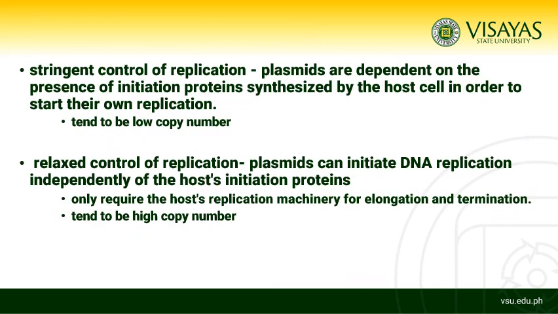The replication of the plasmid in the host cell can be done in two ways. It's either by stringent control of replication or by relaxed control of replication. In stringent control of replication, these plasmids are dependent on the presence of initiation proteins that are synthesized by the host cell in order to start replication.